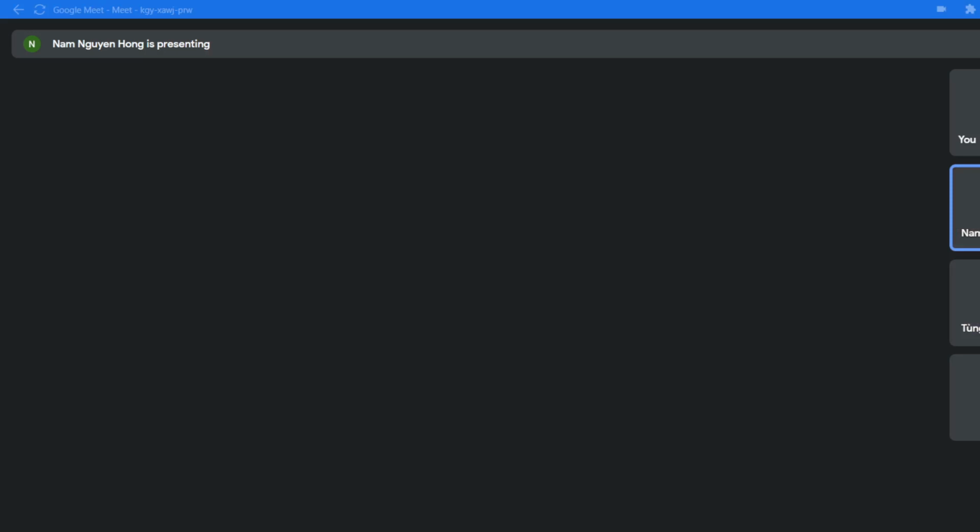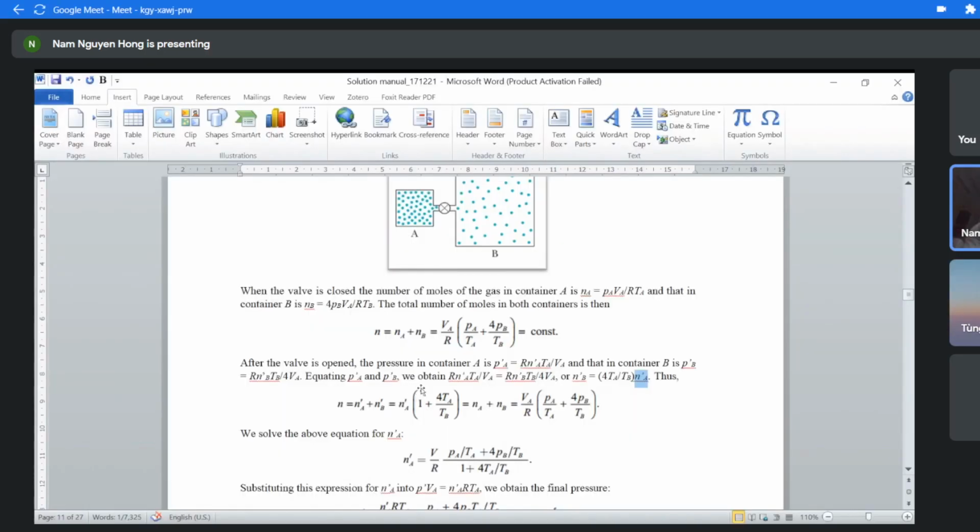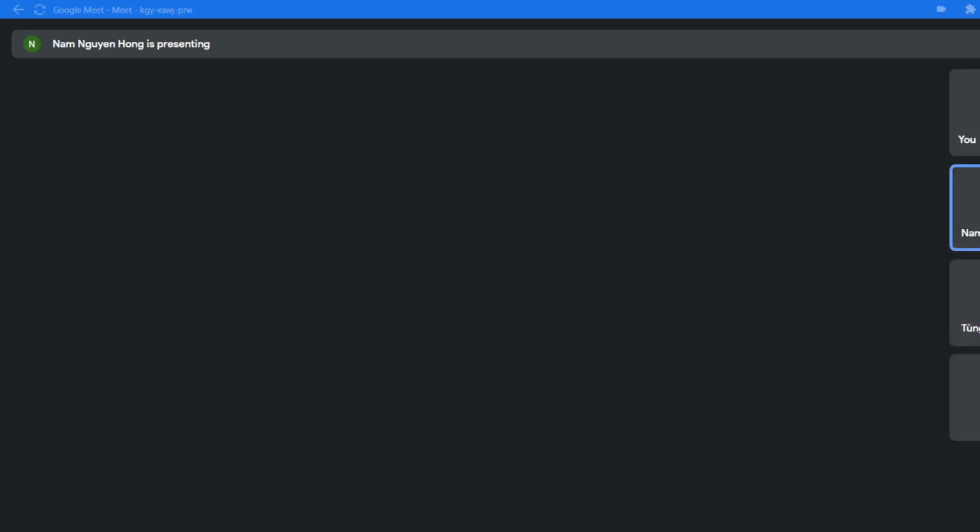It's up to you, okay? Since there's only one unknown, and the others we already know the values, we equalize this equation. Then we will be able to establish the final expression for NA.